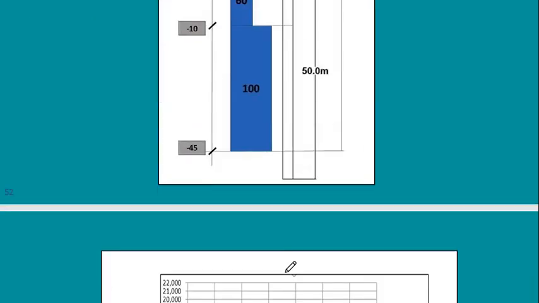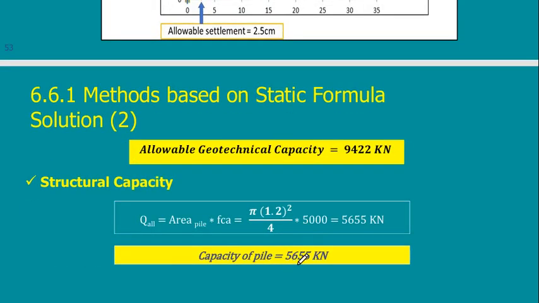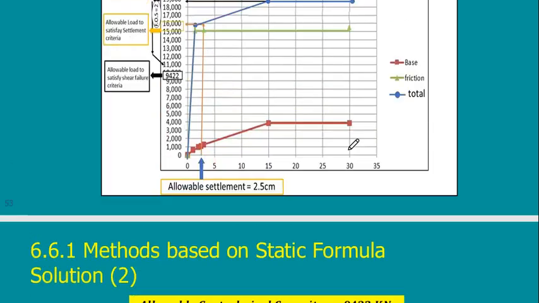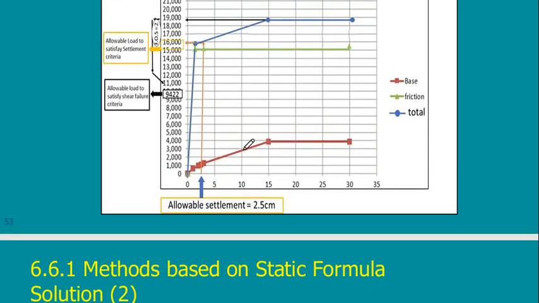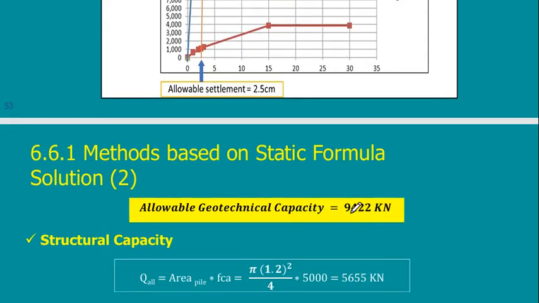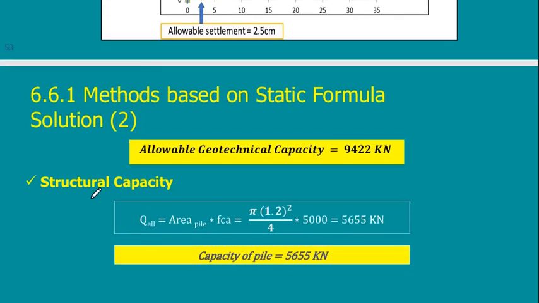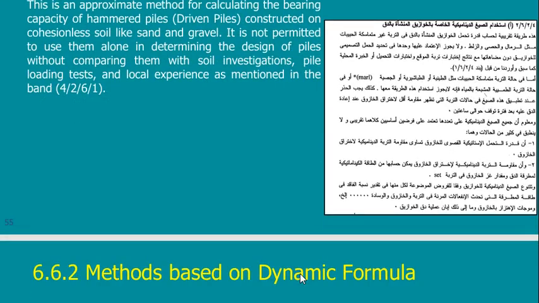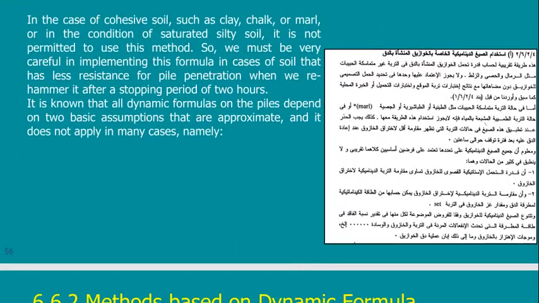This is how this is done, and here is the structural capacity and the geotechnical capacity. Both values were 9,000 something. When I checked the structure, it was 5,000 something. Then also here the structural capacity is the governing capacity.